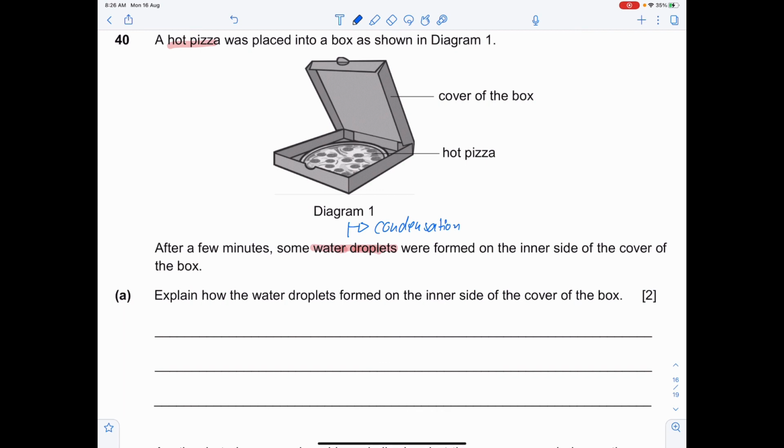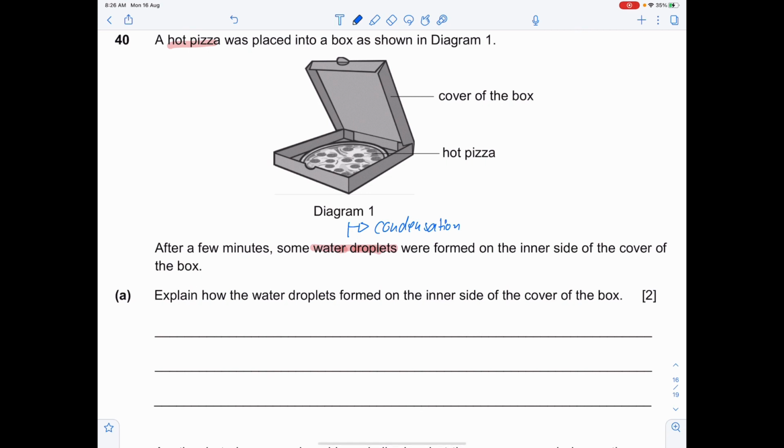Another way, which is more complicated but also factually correct, is that by having holes, there is a decrease in surface area available for the water vapor to touch and lose heat to. With less surface area, you have a lower rate of condensation. But the main idea is really to allow the water vapor to leave, or to escape. So how would my answer be?